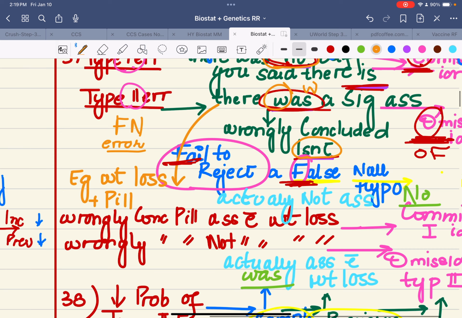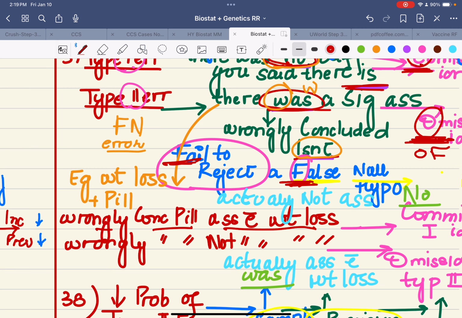And what else? Yeah, so if you're given an example and a question, from the question you can easily find out which type of error it is. So if it says wrongly concluded that the pill is associated with weight loss, what does that mean? It means actually the pill was not associated with weight loss, right? No association, but you said that there is.